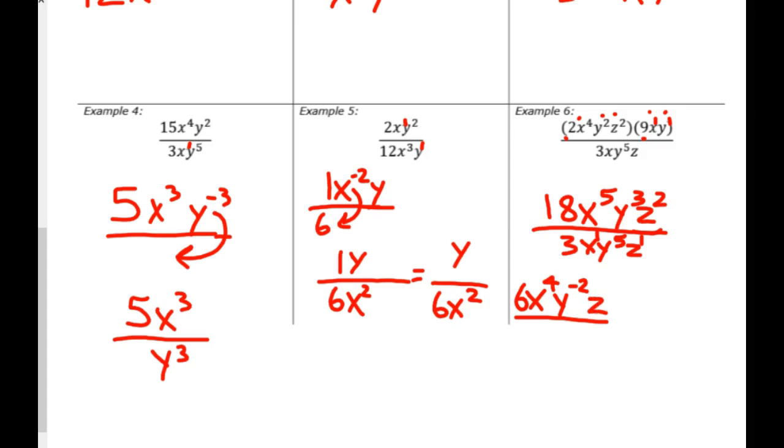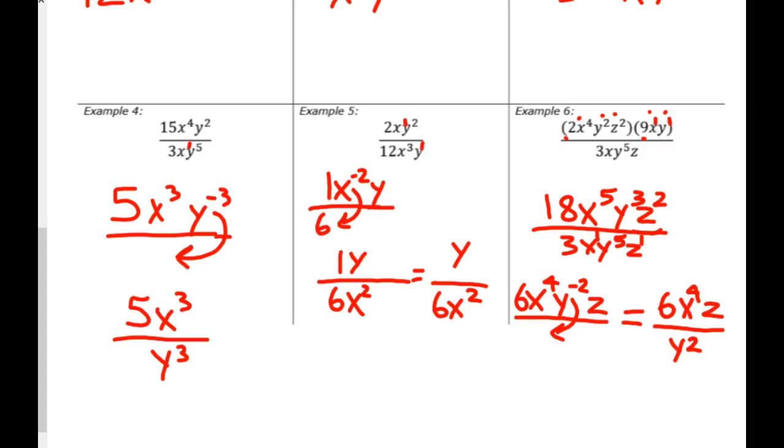Just remember, negative exponent has to go to the bottom. So 6, x to the 4th is on top. And on the bottom will be y squared.